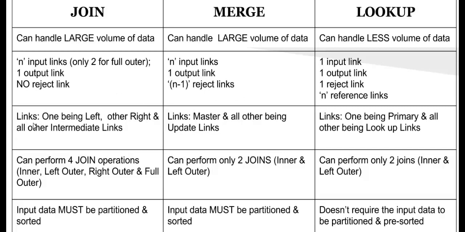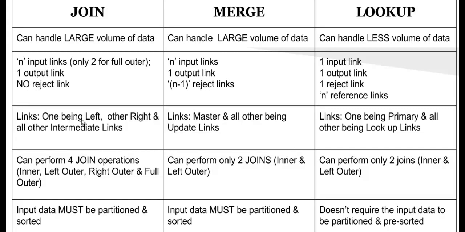And some guys, if they really want to know whether you really worked on these stages, they're going to ask something like, okay, you are saying that you're working on join, merge and lookup stages, but tell me what are the link names when you use join, merge and lookup, because they don't have the same link names, right?